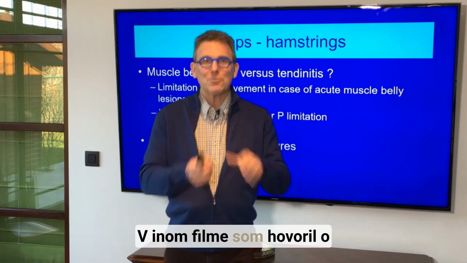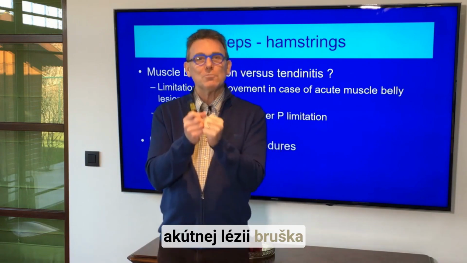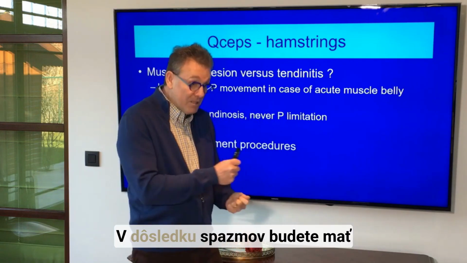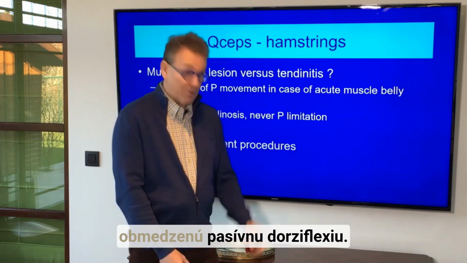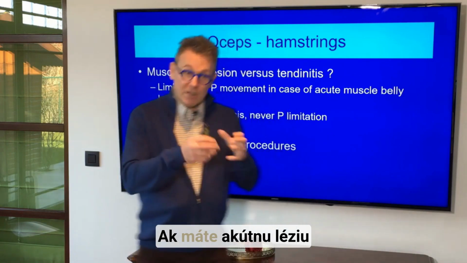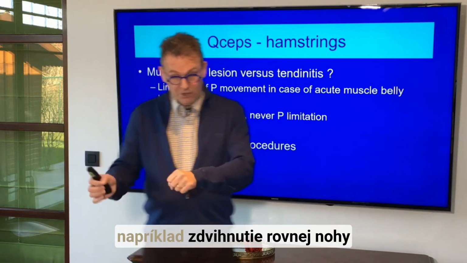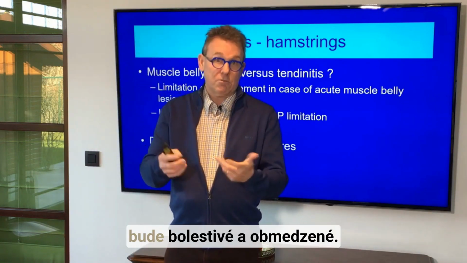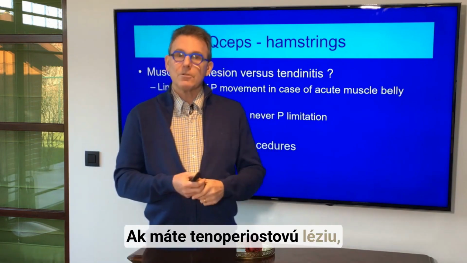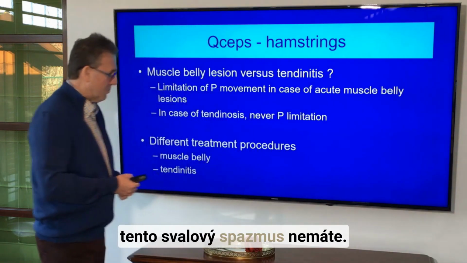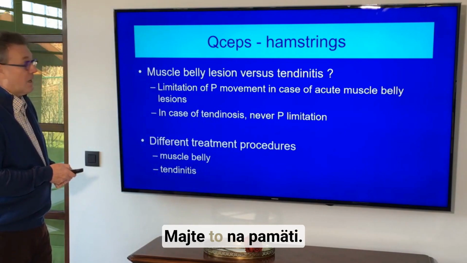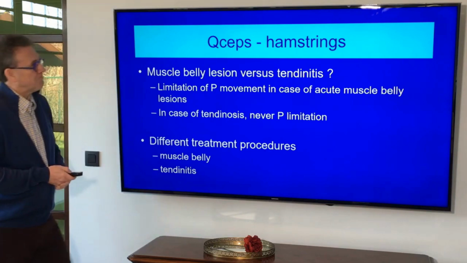In another film I talked about the tennis leg, acute muscle belly lesion of the gastrocnemius. You're going to have limitation of passive dorsiflexion because of the spasm. Well, when you have an acute hamstrings lesion, your straight leg raise, for instance, is going to be painful and limited. If you have a tenoperiosteal lesion, you don't have this muscle spasm, you don't have limitation. Yeah? Keep that in mind.